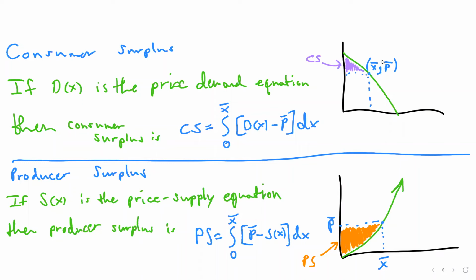And so in this, you can see that there's an orange shaded region, which is the producer surplus. This is represented by the integral from 0 to x bar of your p bar minus the price supply equation integrated with respect to dx.